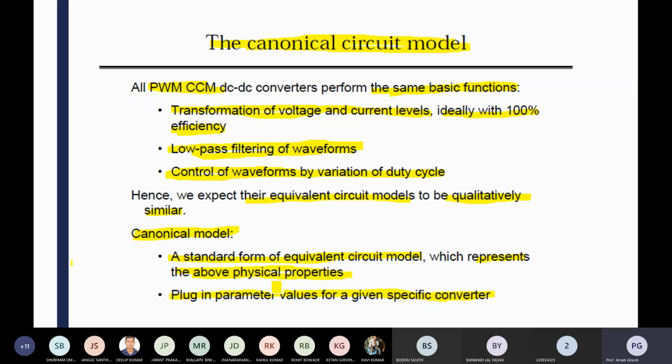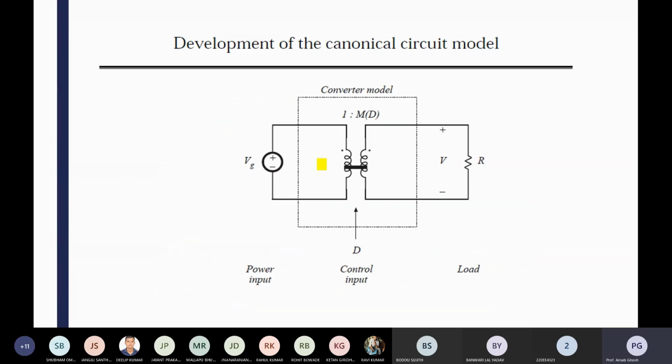If it is more than the kV range, then you have to select special types of switches like IGCT. Other different solid state devices are already available, so as per your requirement you should select it. I think you are able to understand the selection of the parameter values of the converter. Now you know the diagram is known to you.